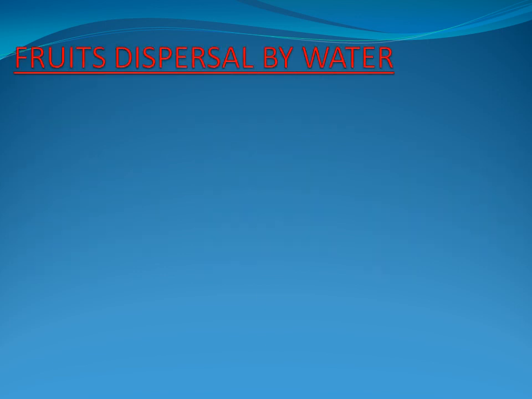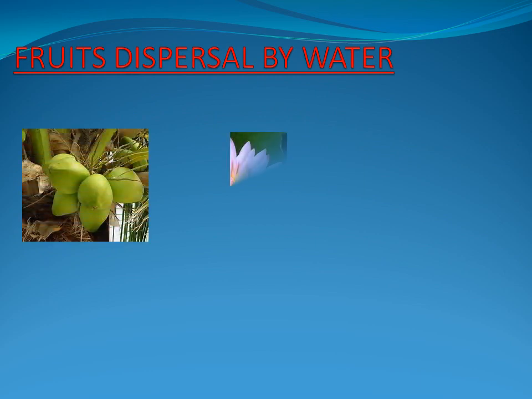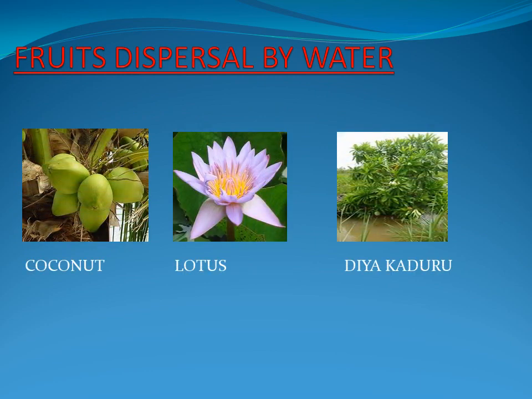So fruits dispersed by water are these three. The first one is coconut, and I think you all know that coconut is dispersed by water. And lotus, the lotus seeds are also very good to eat, and I have heard that people in olden days ate lotus seeds. And deer kanduru, which is also a nice plant.